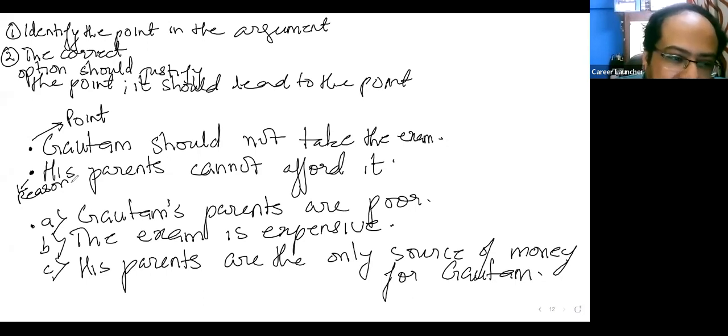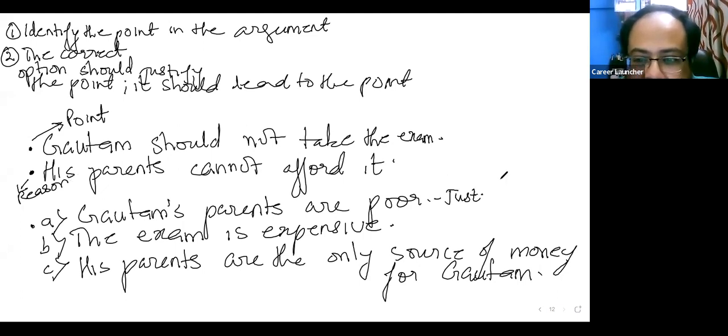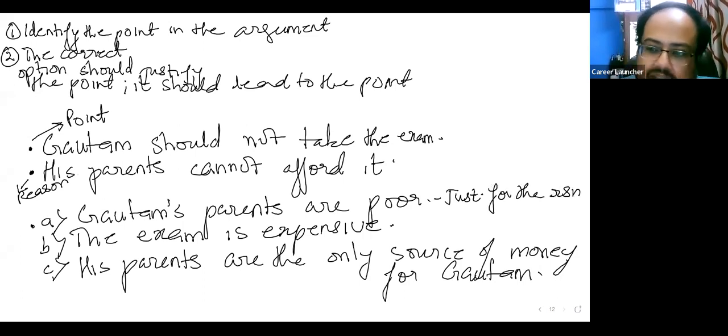Siddhant, correct. Option A is the justification for the reason. Because if you look at it logically, Gautam's parents are poor. That is why they cannot afford it. So option A is going to lead to the reason, which is why option A cannot be the answer.